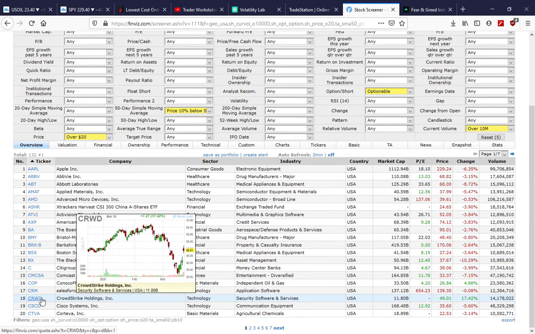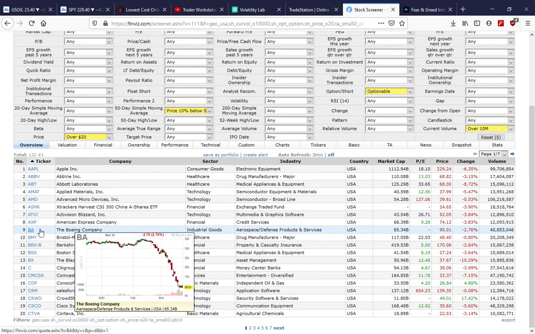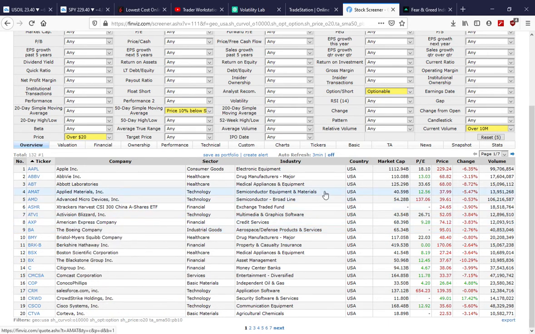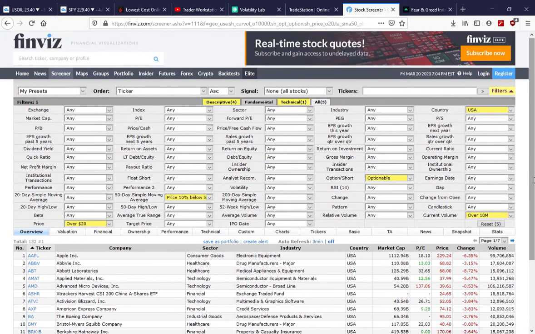Most of these are on my watch list, most of the ones that are going to come up. Boeing has obviously been smashed for various reasons, so you get the idea. You can see what's going on, and that's the basic one that I get people to look at.